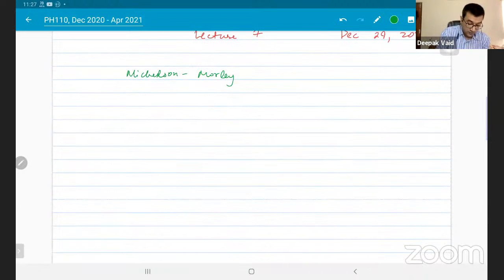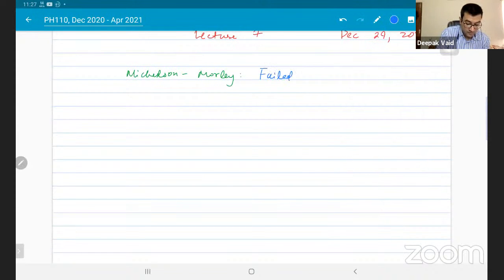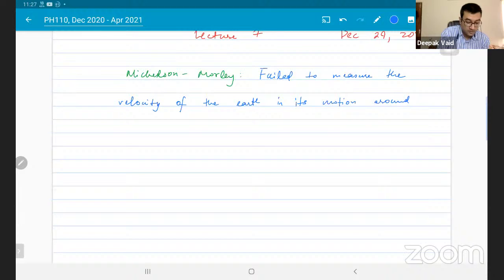Michelson-Morley failed to measure the velocity of the Earth in its motion around the sun, right? So this is a test of the relativity principle, right?